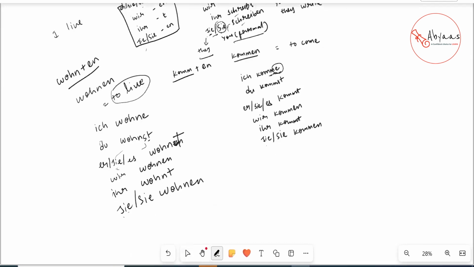So I'll give you a few more verbs which are of the first type. After going home, conjugate them.